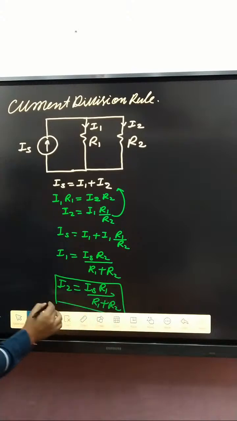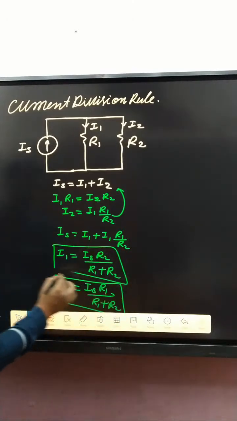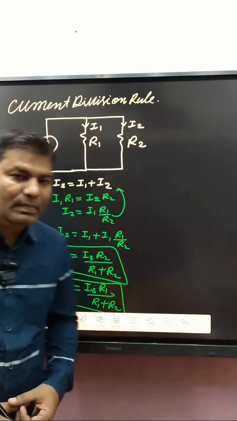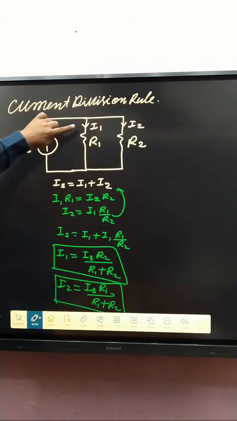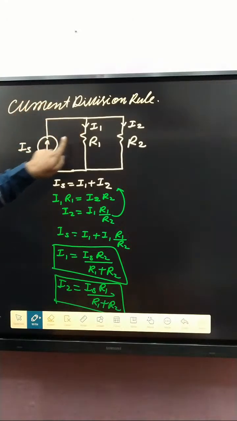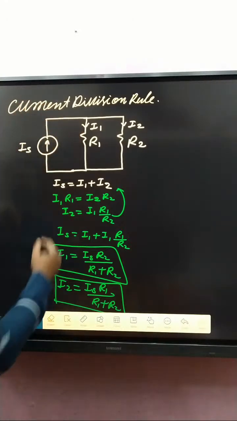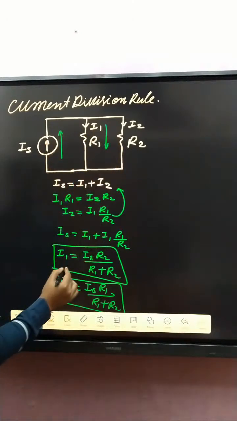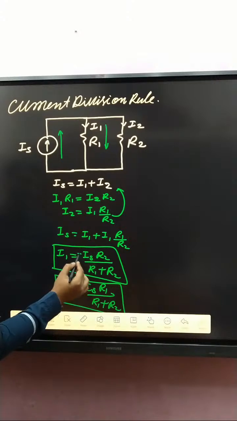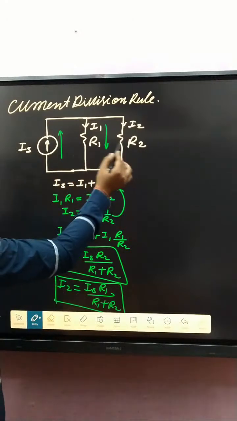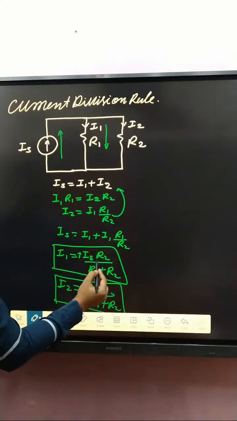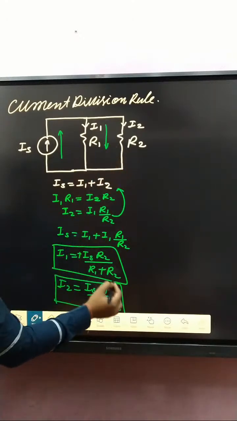Okay? If you see very carefully, these two. Okay? How can we memorize that formula? Very simple. If you determine I1, first of all, if this one is in upward direction and that one is downward, then IS is positive, and the resistance is the parallel resistance divided by the sum of these two resistances.